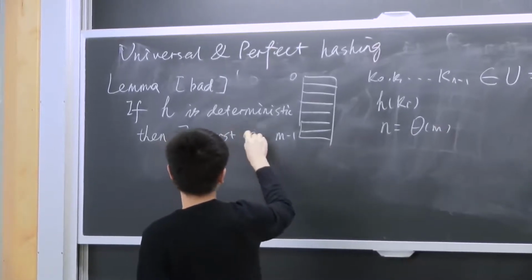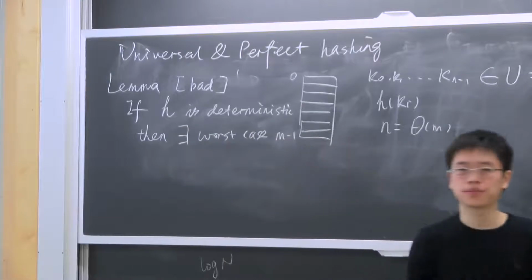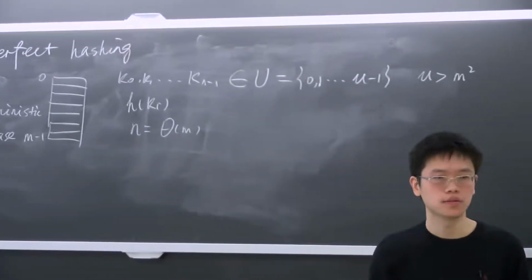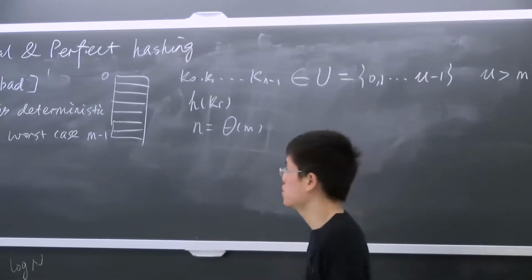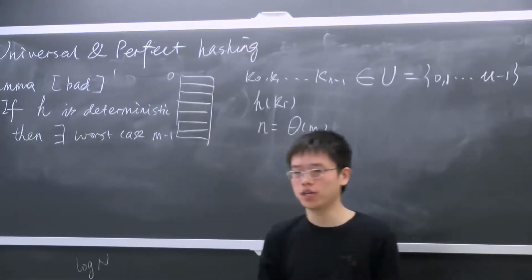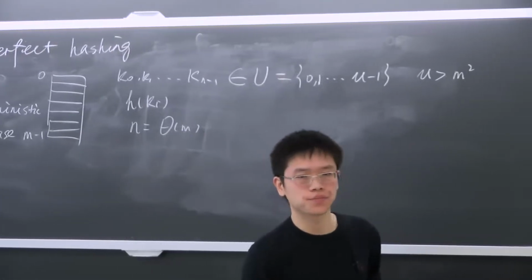We call that the worst case. We don't like the worst case. Why? Because in that case, the hash is not doing anything. We still have all of the items in the same list.